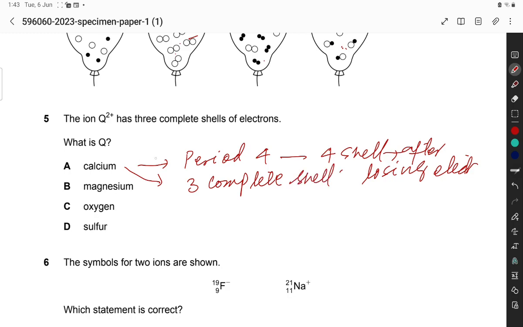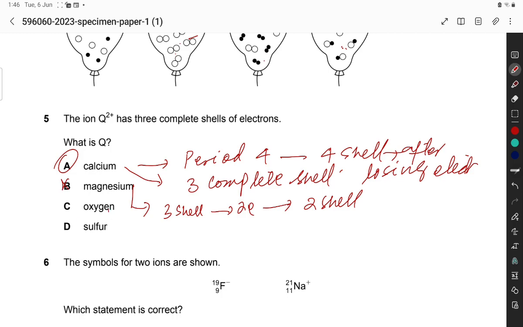So this is correct, calcium is the best option. Magnesium has 3 shells. After losing 2 electrons, it has 2 shells, so it is incorrect.